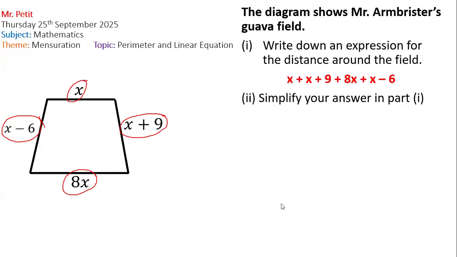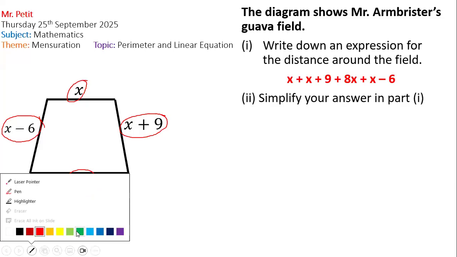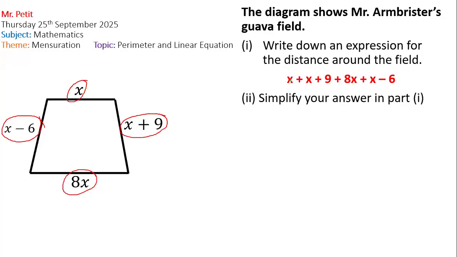So what do we have here? We have 1x, that's it right here. We have another x. We combine all of the x's. Then we have 8x, and we have 1x again.